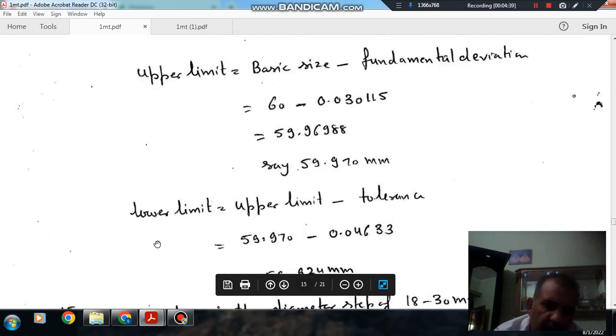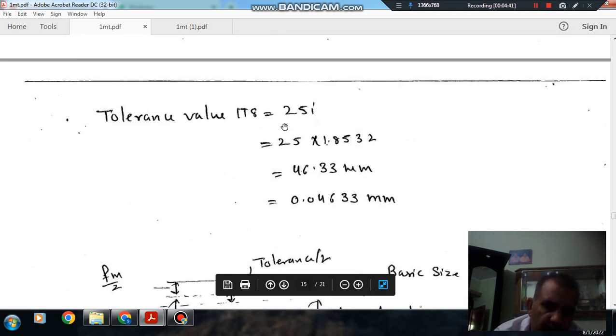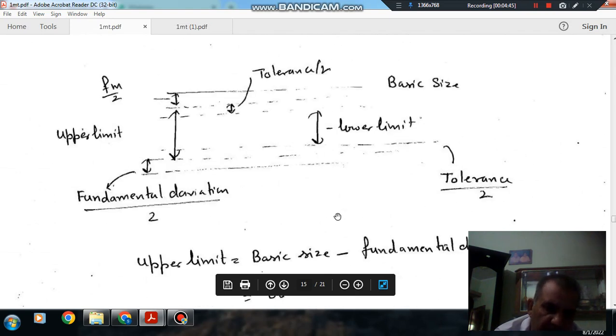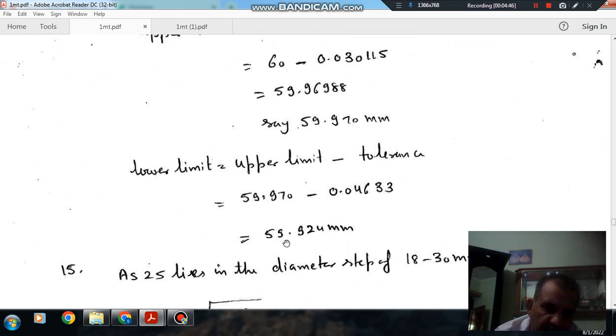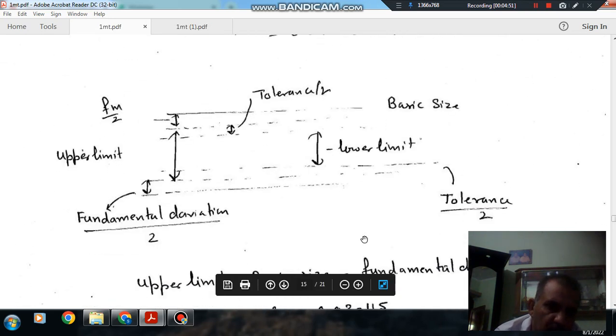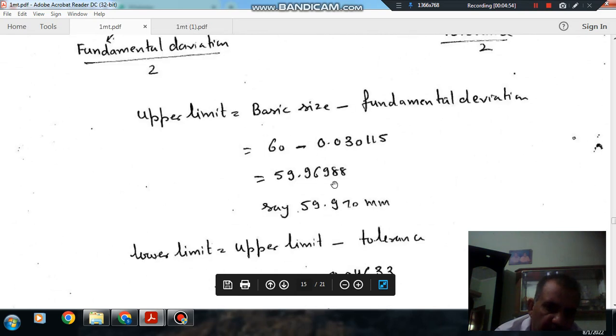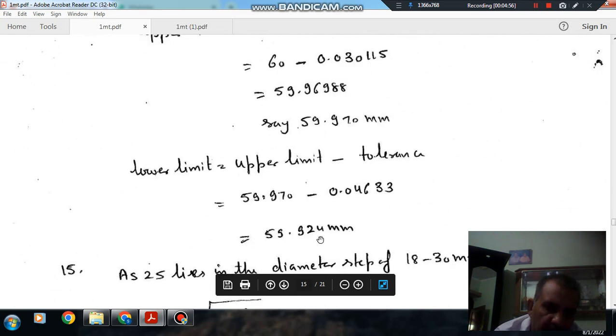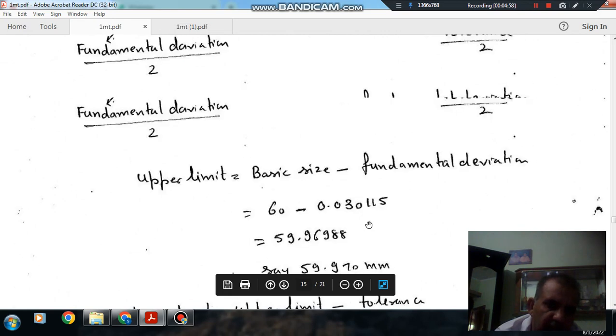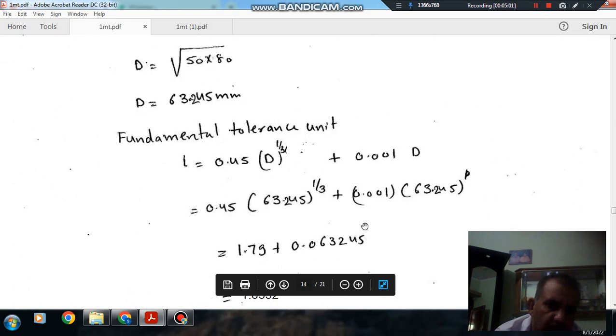Now to calculate the lower limit, we subtract the tolerance value from the upper limit. So upper limit minus tolerance, that is 59.924 mm. So that will be your lower limit, 59.924 mm.